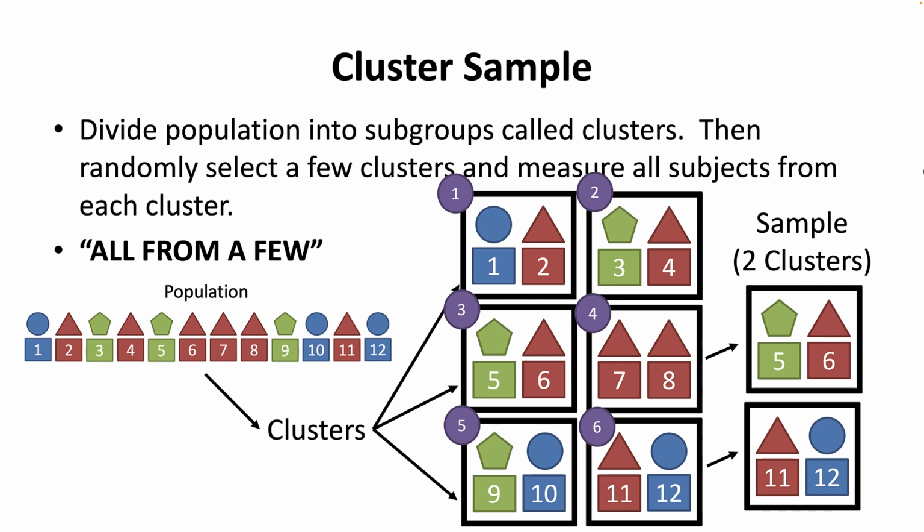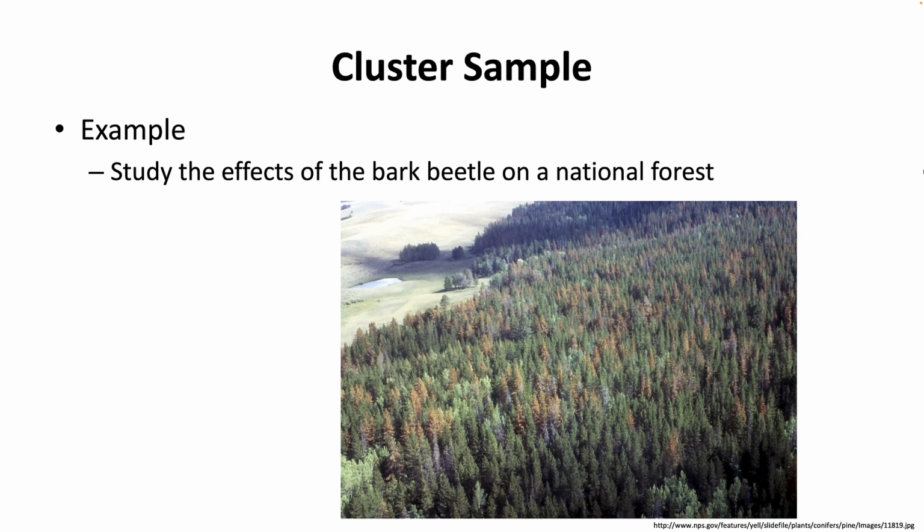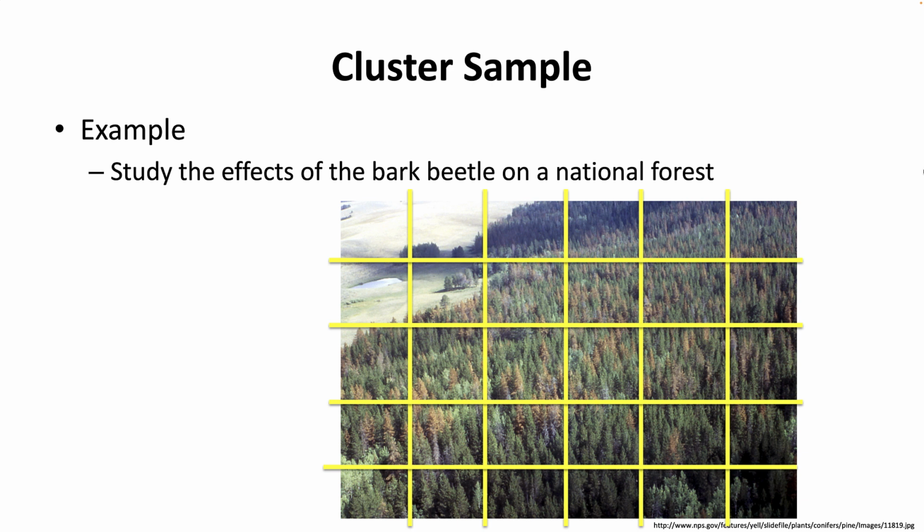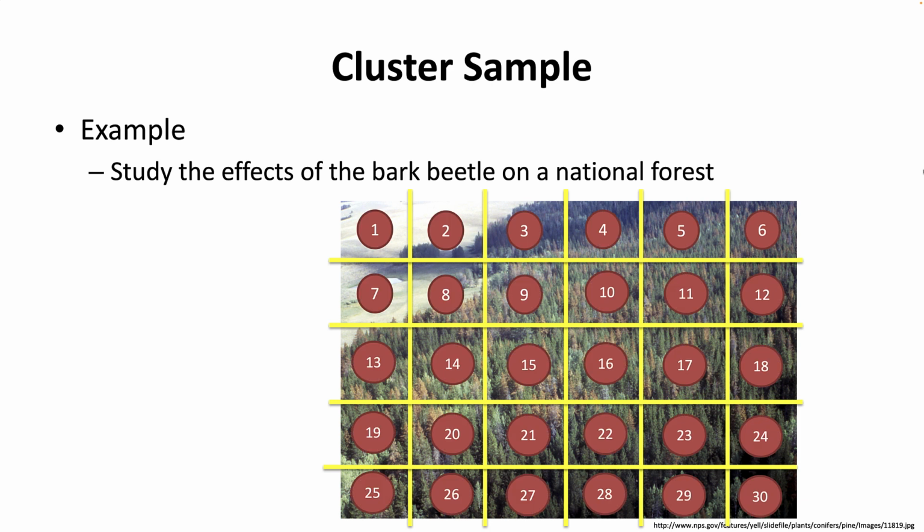Let's take a look at an example of where a cluster sample might be useful. Let's say we wanted to study the effects of the bark beetle on a national forest. How you would use a cluster is you would divide the national forest up using some sort of grid. Each space on a grid is non-overlapping and is given a number between 1 and 30 in this example.